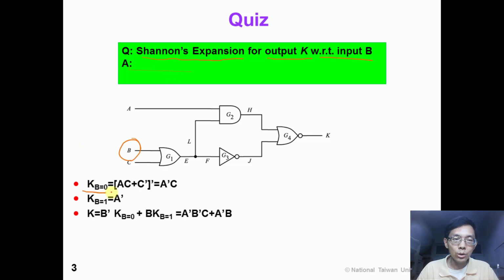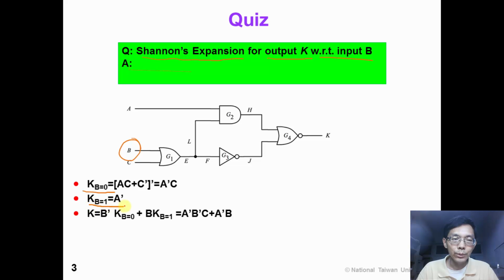When b is equal to 0, this output is c, so we have ac plus c prime, and we have a complement, so the output will be a prime c. This is the negative cofactor.